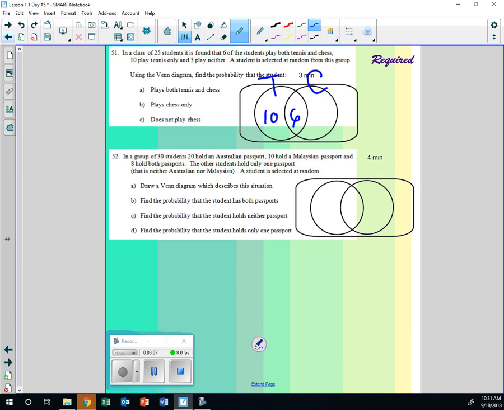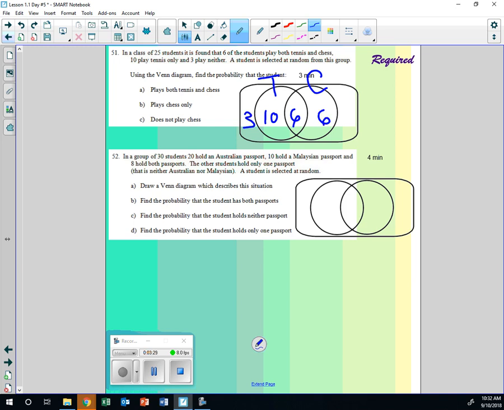This would be 10. Okay. 3 play neither. That means, what does the chess only have to be? It'll be 9 and 10, which will be 19. 25 minus 19 is 6.